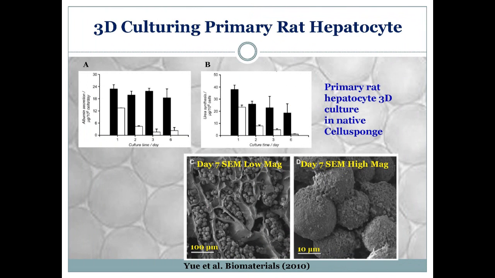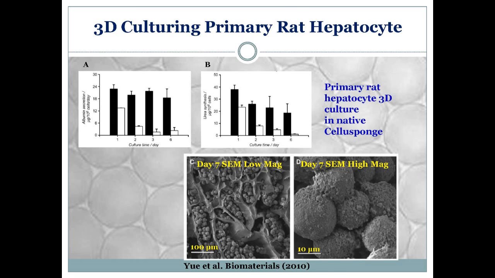Now we come to 3D primary rat hepatocyte culture. A and B on the top show two liver-specific functions, albumin secretion and urea synthesis. Black bars are primary rat hepatocytes cultured in Cellosponge. White bars are the same cells on collagen-coated surfaces.